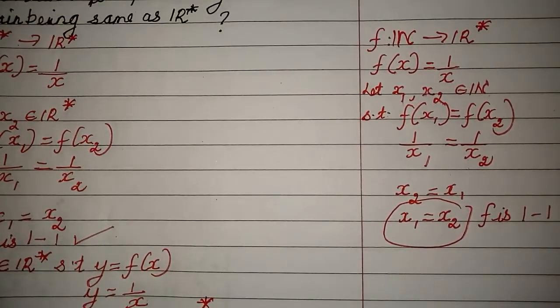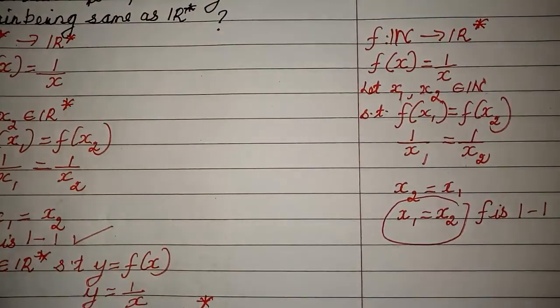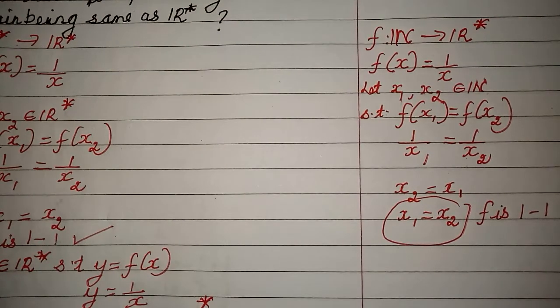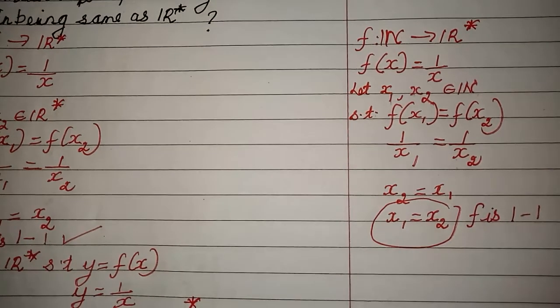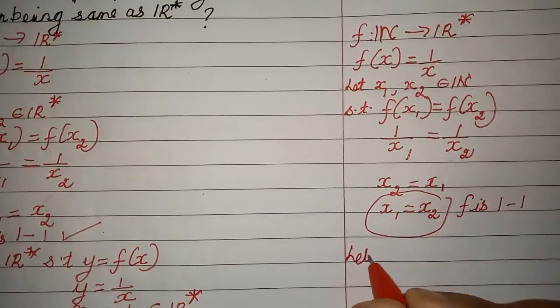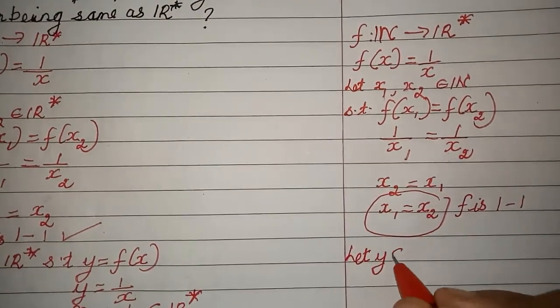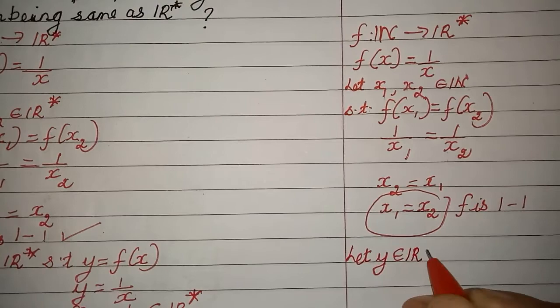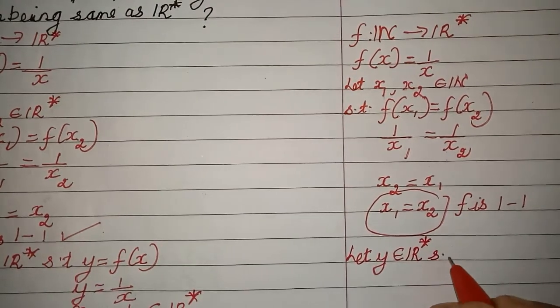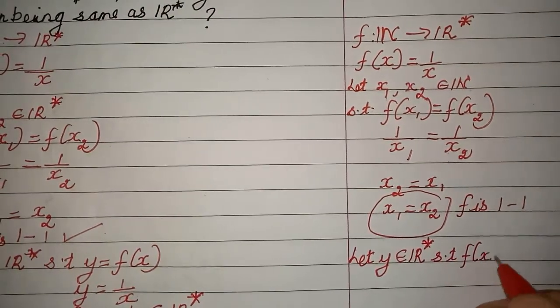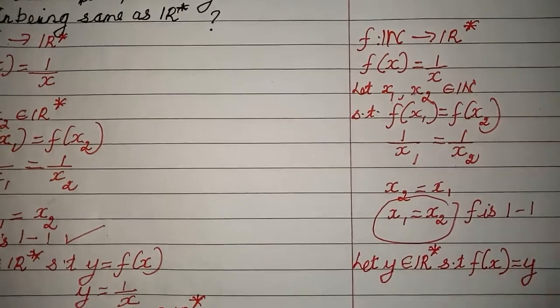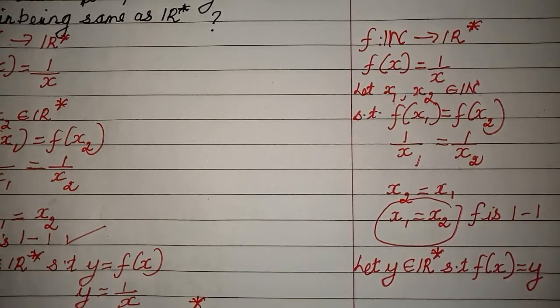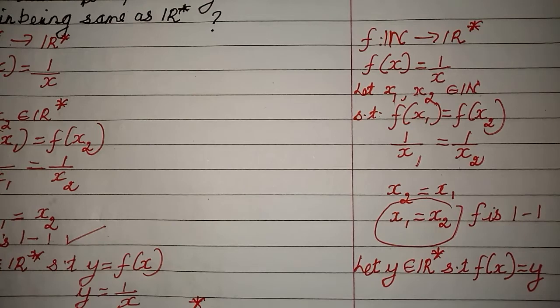Okay. Now you have to check whether your function is onto or not. For onto, you know that children, I have to take an element specifically from R star, such that f of x equal to y. Now children, 90% of the times you can check onto orally by some examples.